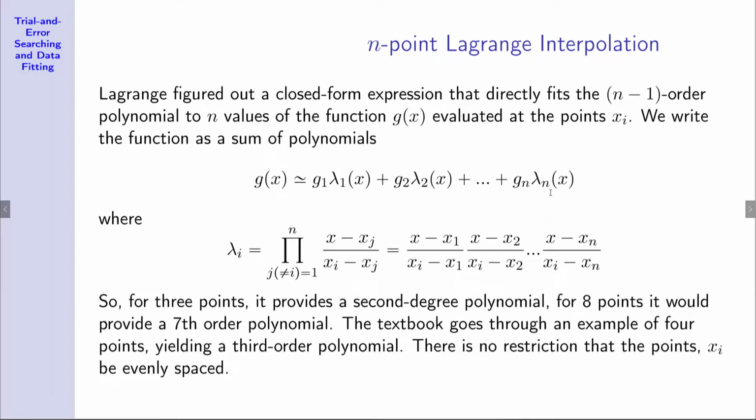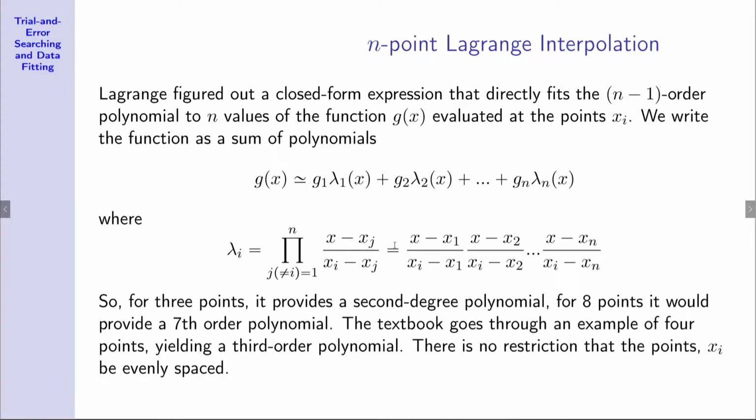And these lambdas here can be computed as this product that we have shown here. So you take the x where you're trying to calculate the function, we subtract out this x_j, and j is what we're taking this product over, and i is of course whichever one of these that we're trying to compute.